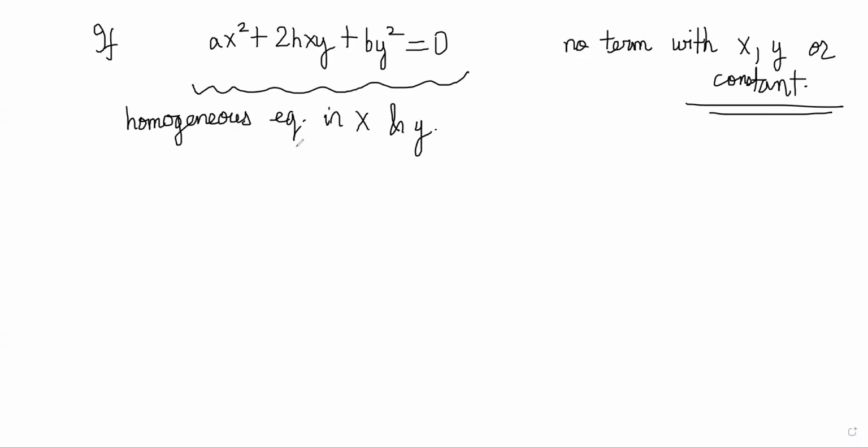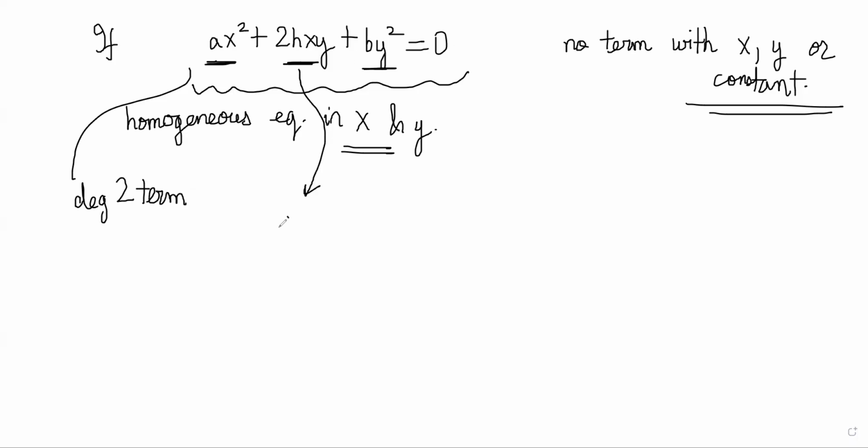What do I mean by homogeneous? Homogeneous equation means that every term has the same degree. This is a degree 2 term because the power of x is 2. This is also a degree 2 term because there are two terms x and y. Both of them have power 1 and 1. So the total power of the variables is still 2. And this is also a degree 2 because it is degree 2 in y.